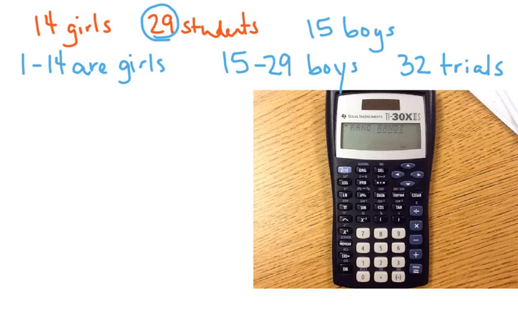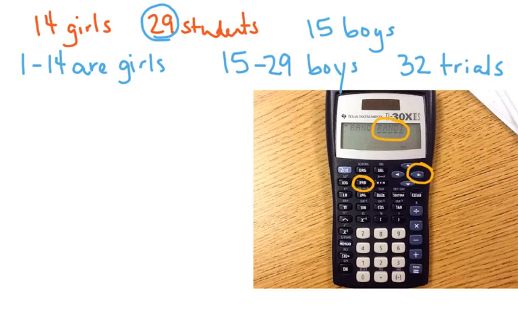So I am going to have it pick a number from 1 to 29, and this is how we do this. You should look at your calculator, and this button here says PRB, that stands for probability. So you're going to select probability, and you see NPR, NCR, and an exclamation point. Then arrow over several times until you see RANDI.